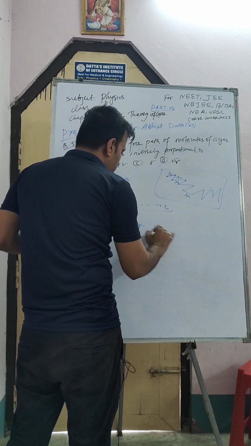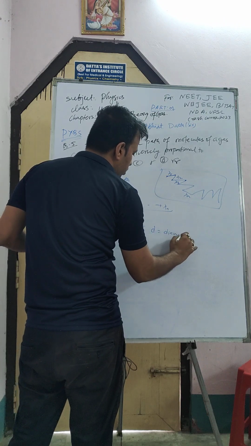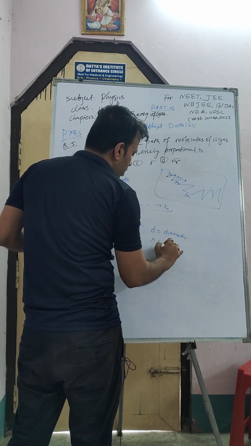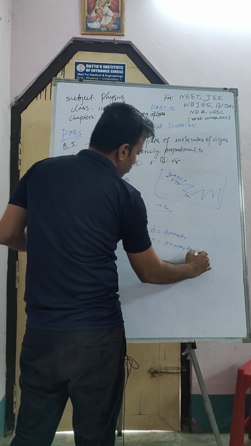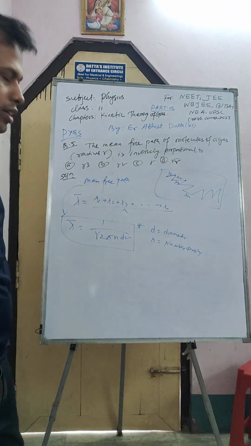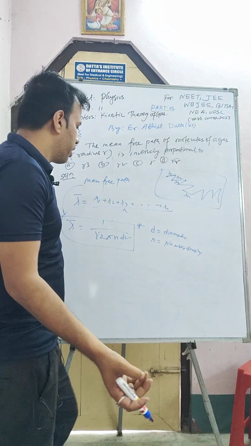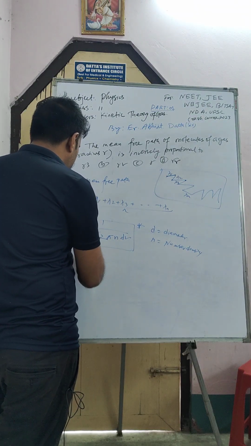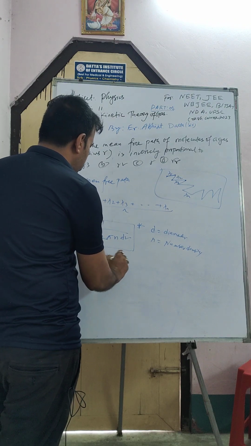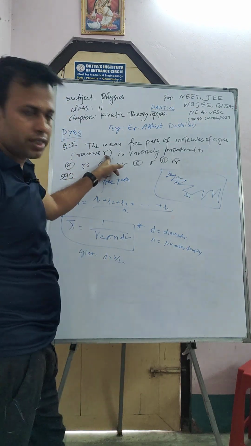So here d is the diameter and n is the number density, or number of particles. Given d equal to r by 2, because r is radius here, so d is diameter.